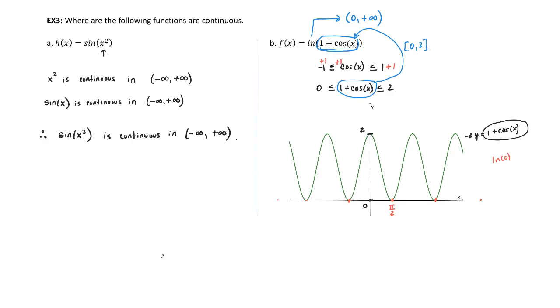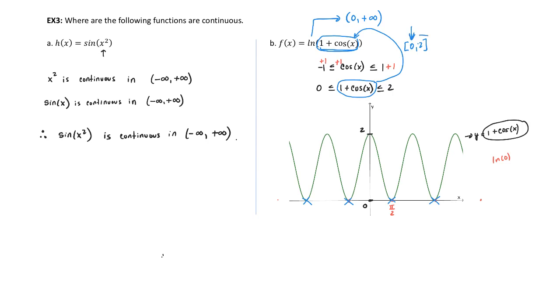So as long as we exclude these x values, I'm putting tiny x's, then the composite function will be beautifully continuous. Ln has no issues with 1, with 1.5, 1.7, with 2. The only issue that ln has is with 0.